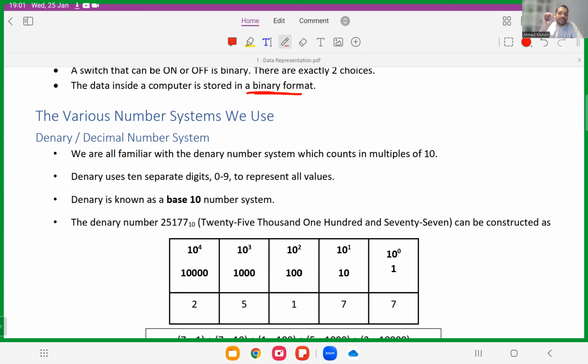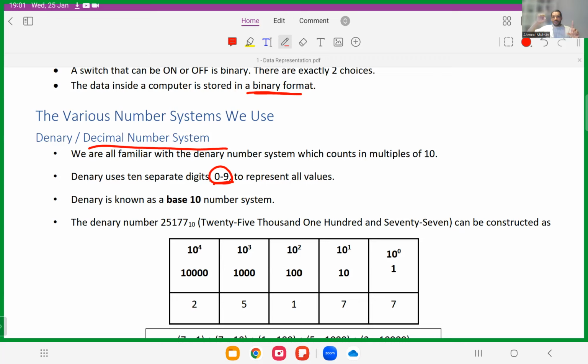The number system that we use for addition, subtraction, multiplication and division is known as the decimal number system. This number system has digits from 0 all the way to 9: 0, 1, 2, 3, 4, 5, 6, 7, 8, 9.